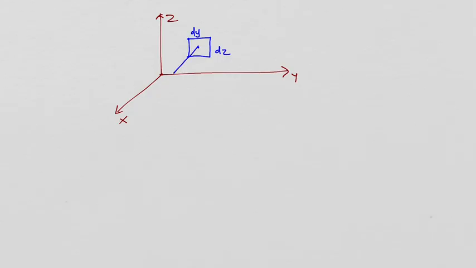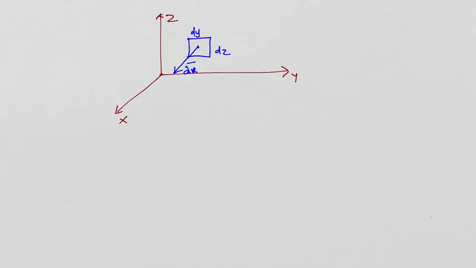For example, I have a system. X is available here, Y is available here, and Z is situated here. For example, I have a surface parallel to the ZY plane. So the area is dy dz. But the vector perpendicular to it will be ax.